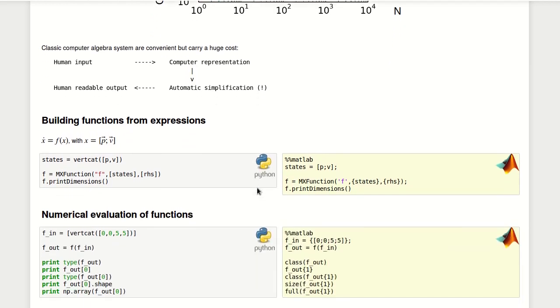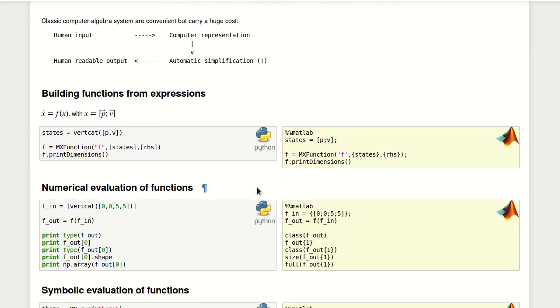Okay. We now have an expression for the right-hand side, and we have the list of symbolic primitives that define the states. What can we do with this? We can construct a function out of this. Since we're working with the matrix expression type, the MX, we use MX function here.